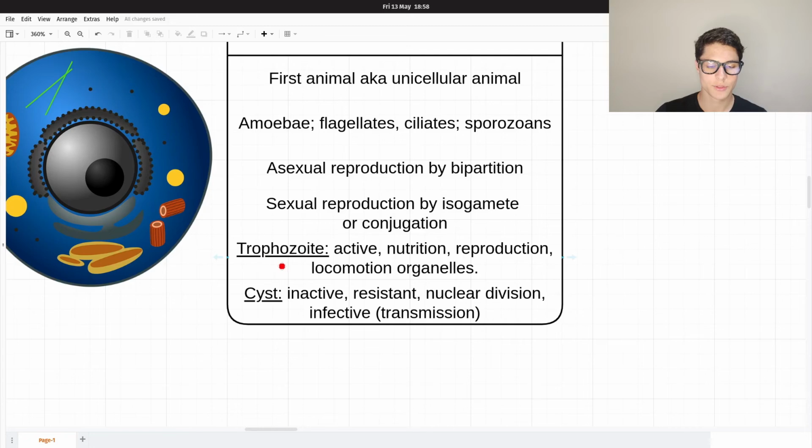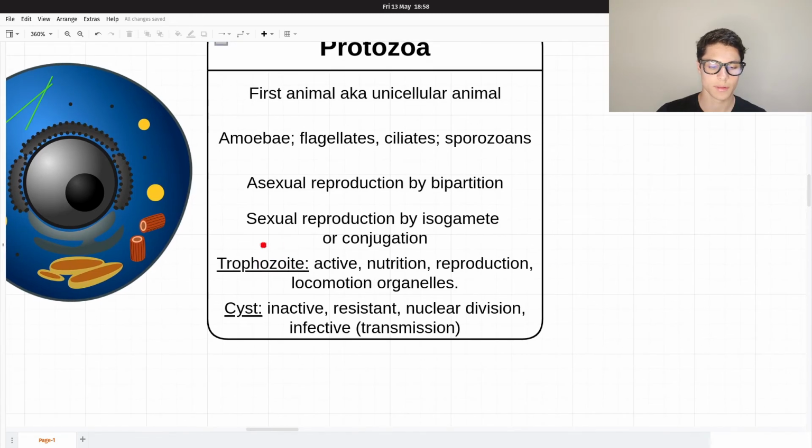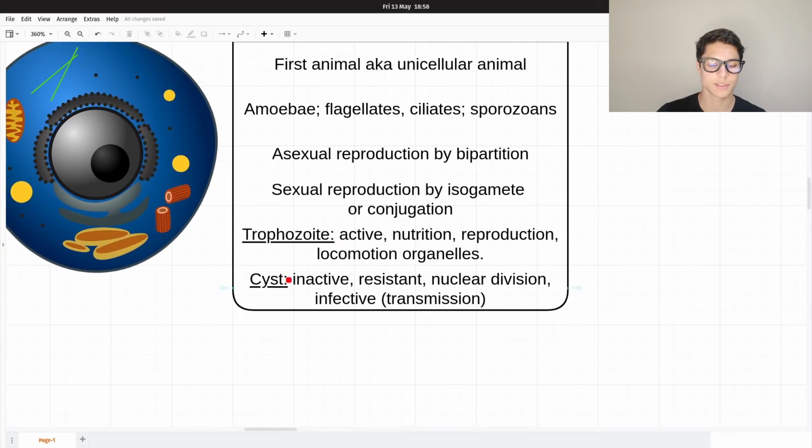Okay, so they have two stages, and primarily there are more in some species, but these are the main ones. The trophozoite, which is the active form of the protozoa, they do nutrition. I mean, they eat and they reproduce and they move, so they indeed live. And then they have the cyst form.